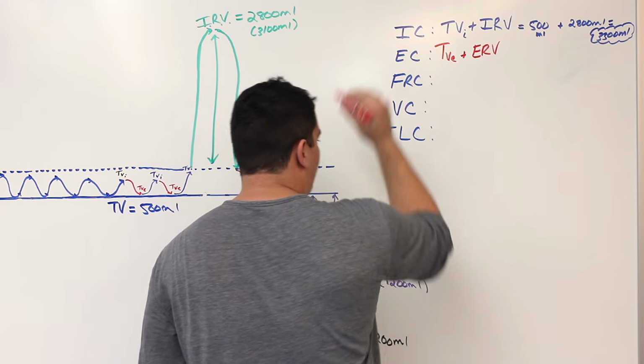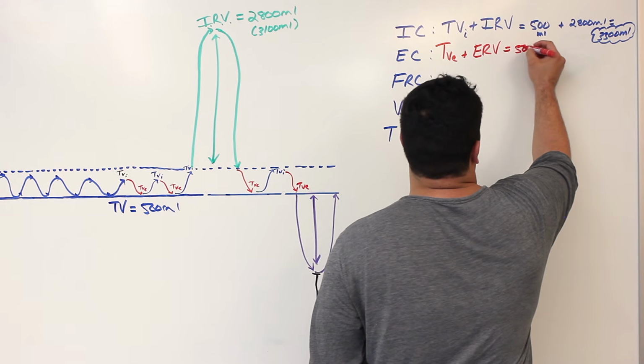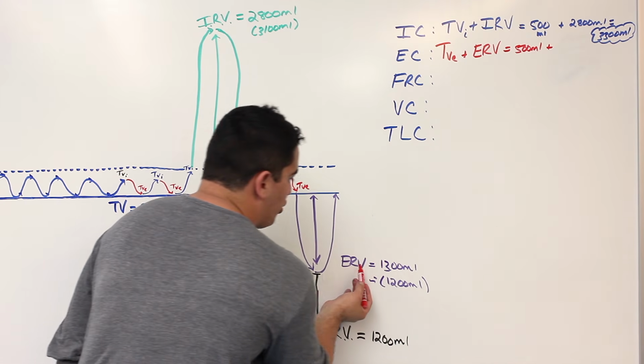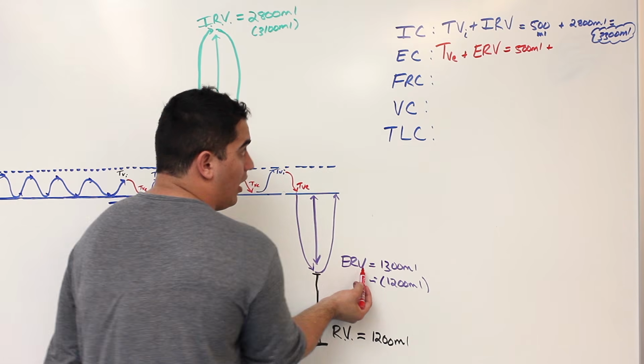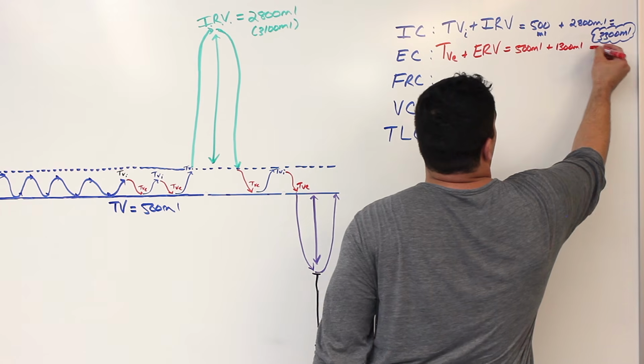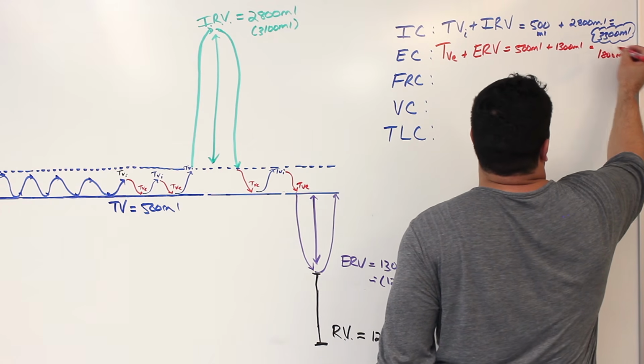We said tidal volume is approximately 500 mLs because there's 500 going in and 500 going out. The ERV here was about 1,300, so we add that in, and that gives us about 1,800 mLs.